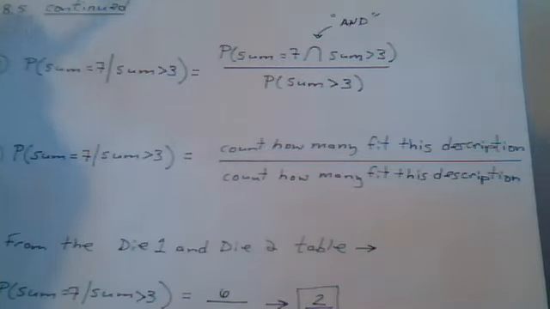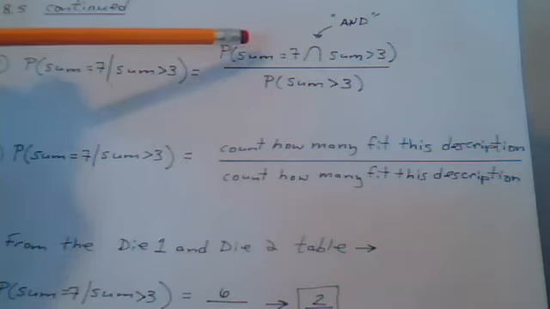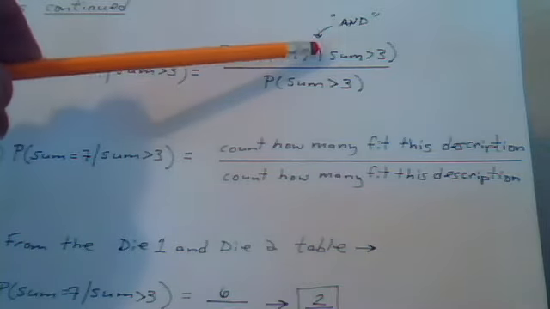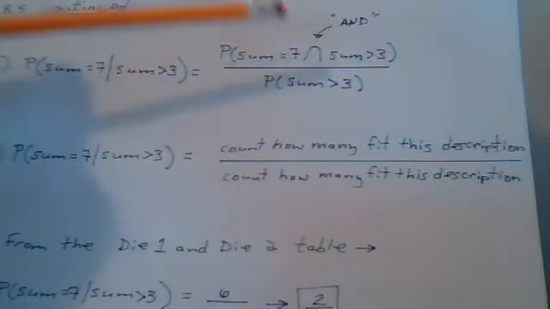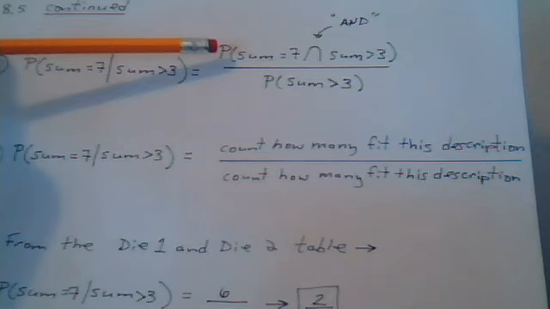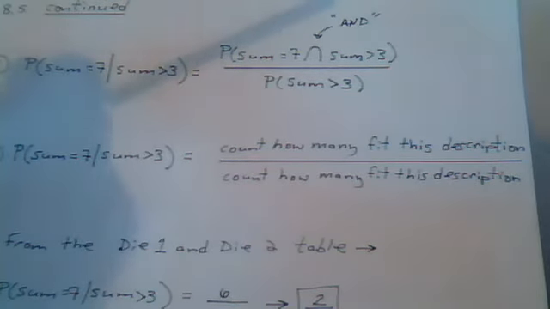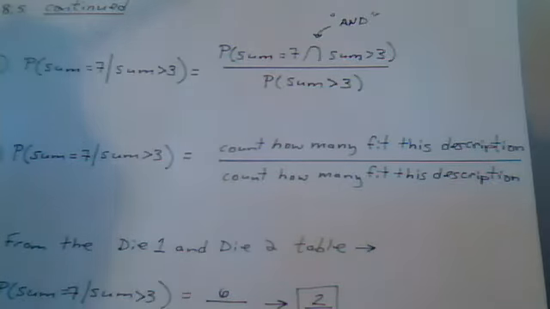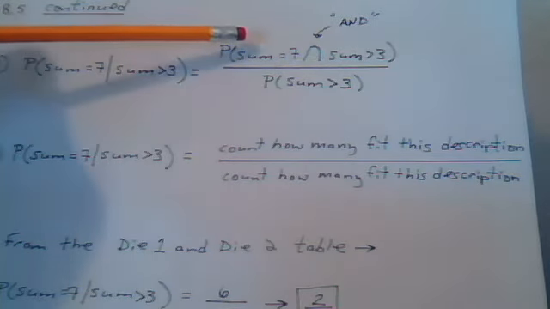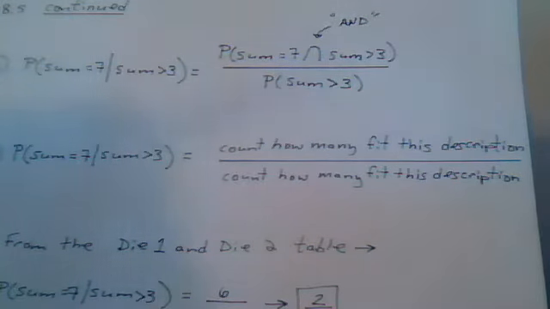Well, here's the formula. So that would be the probability the sum equals 7, intersection sum greater than 3. This translates to an "and," so you could read it as the probability of the sum equals 7, and at the same time, it fits the description that the sum is greater than 3. We're going to have a count for that. Then we're going to have a count for the bottom one, the denominator: the probability the sum is greater than 3.